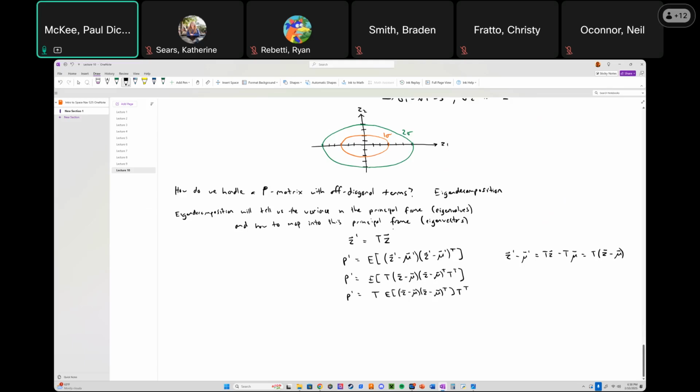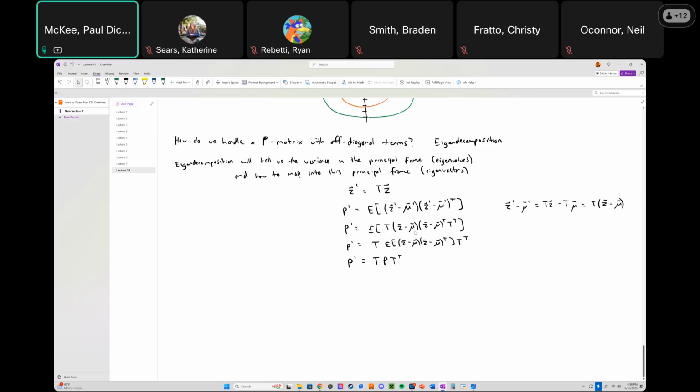So you could say that P in the new frame after a rotation is T, P in the old frame, T transpose. So that is to say, if you want to take a matrix and move it from some old frame to some new frame, you have to left and right multiply by this attitude transformation matrix T. Okay. If this seems kind of weird and arcane, we're going to go through an example in a moment here, which is going to make things make a bit more sense.